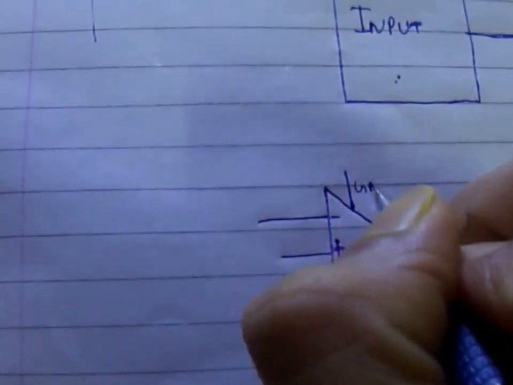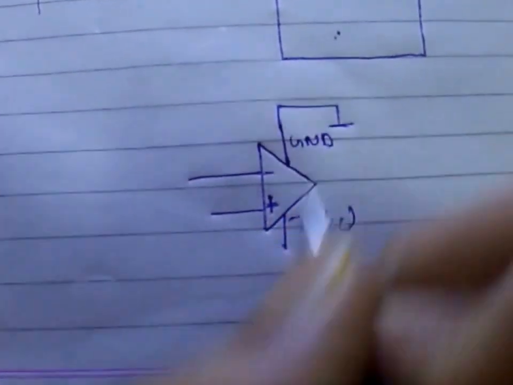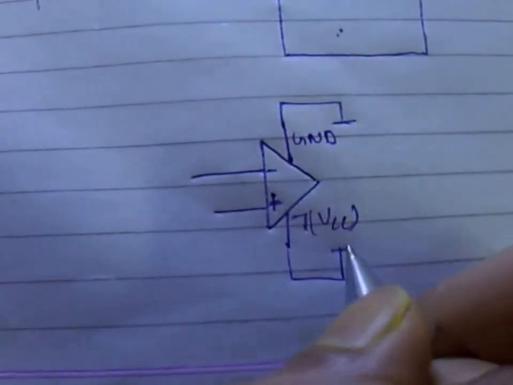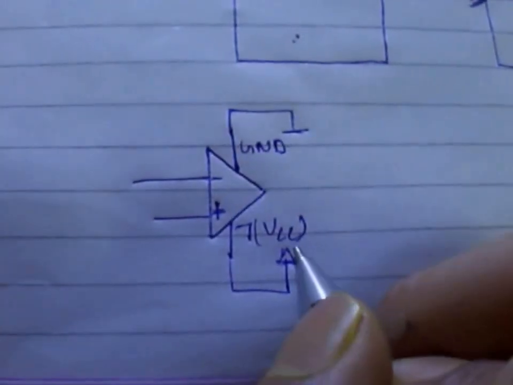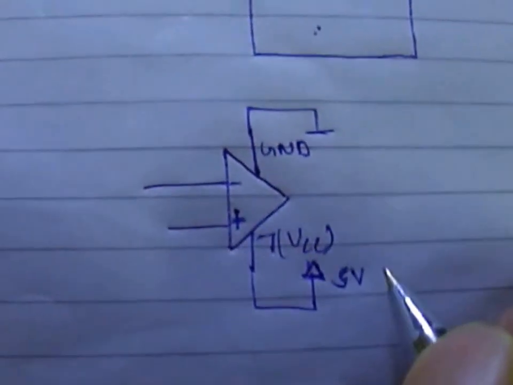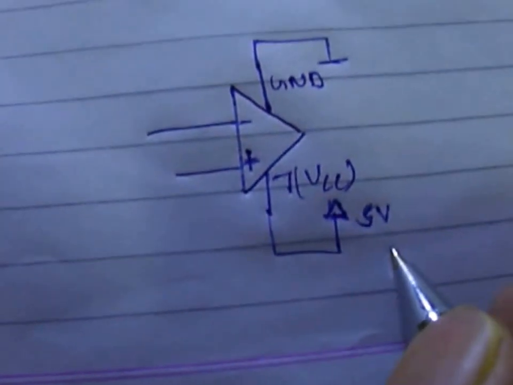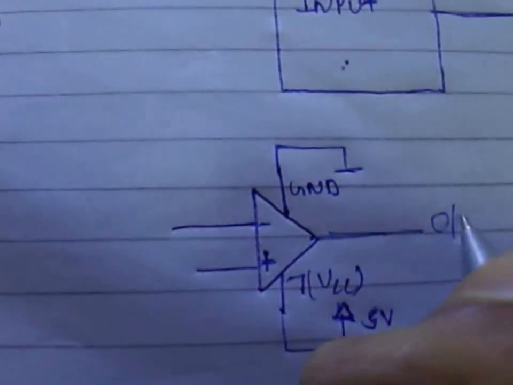This will be the ground input, so we will give it a ground. This will be the power input, that is 5 volts. I am using 5 volts, so I'll be labeling it as 5 volt. Then this is the output.